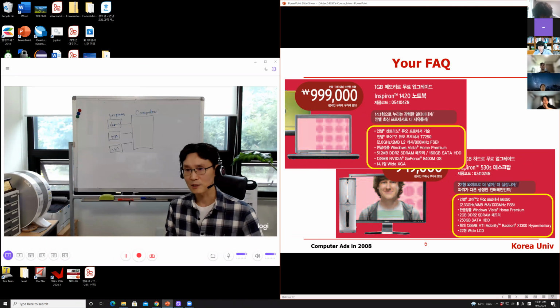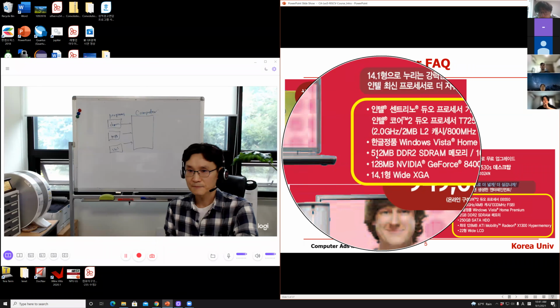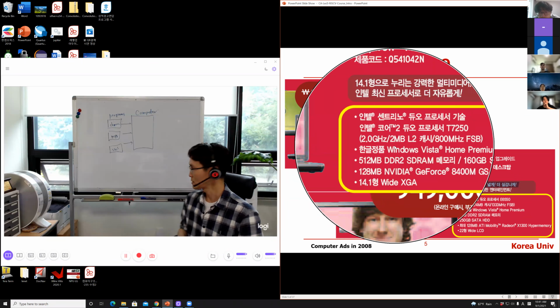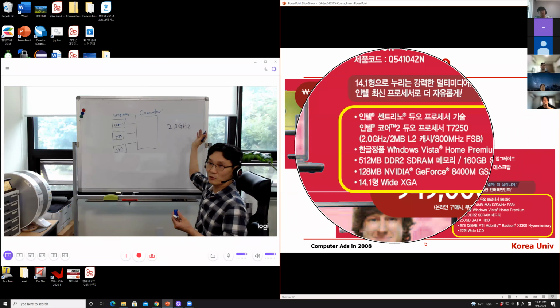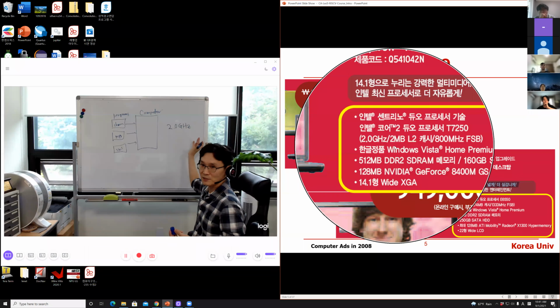But look at this computer ad. How many terms do you understand from it? It says 2.0 gigahertz. Some nice number, right?